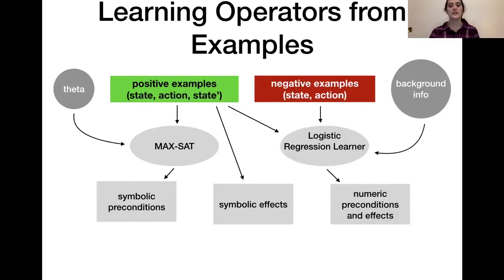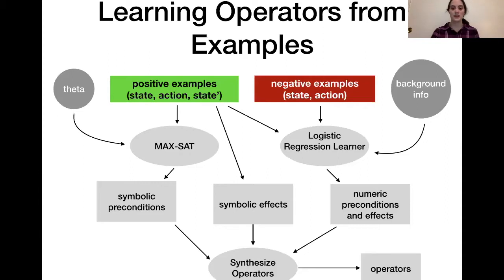The second component learns the numeric preconditions from the positive and negative examples and background information by fitting a logistic regression model to the numeric fluents in the positive and negative examples. Then we synthesize those three components together to make the operators.